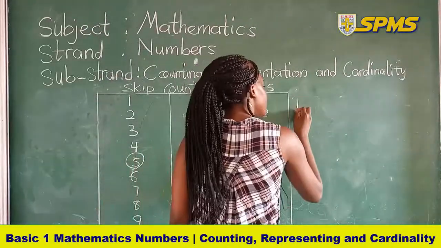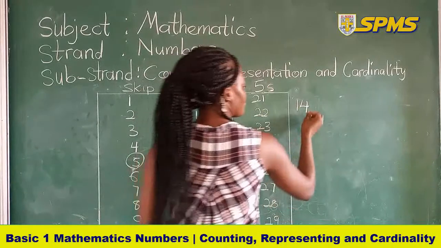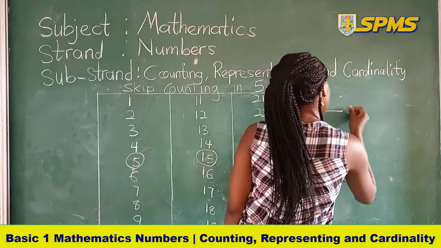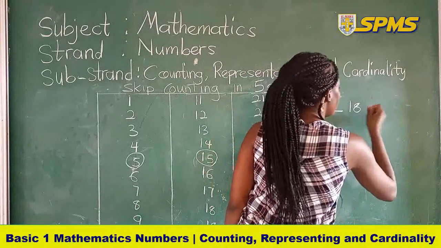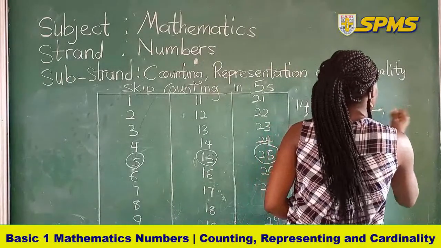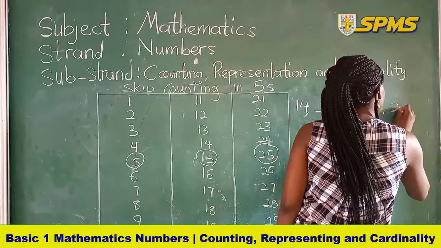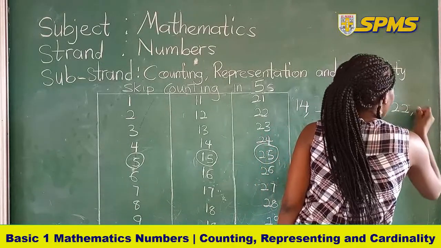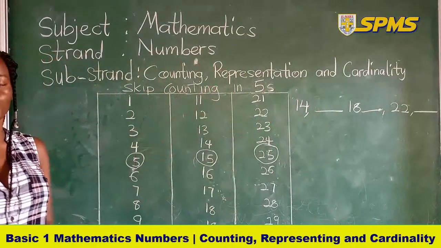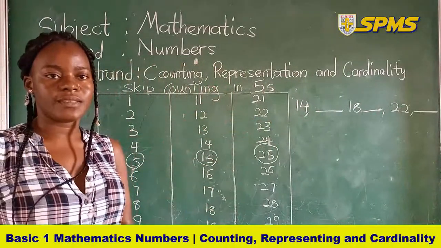We have 14, blank space, 18, blank space, 22, then blank space. Let's try and do just this one. Do it and let's see.